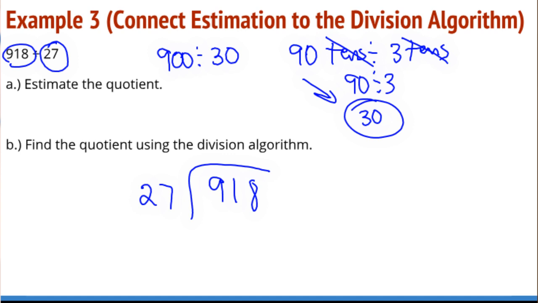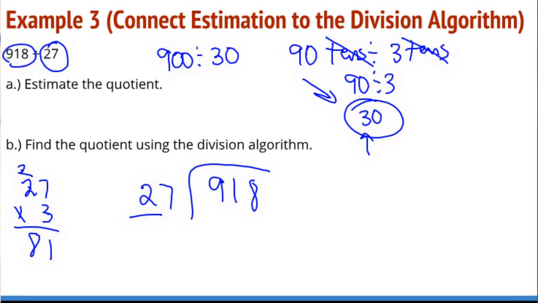If we were using the division algorithm, we'll take this 3 here and multiply it by the 27. 27 multiplied by 3. 3 times 2 is 6, plus 2 is 8, and I'll find that I have 81.